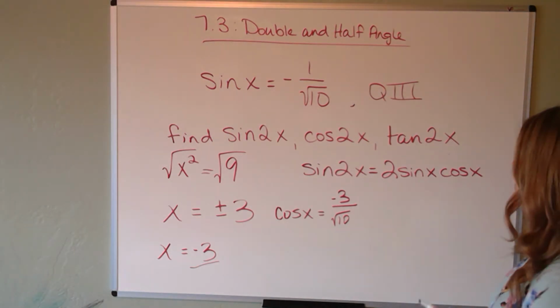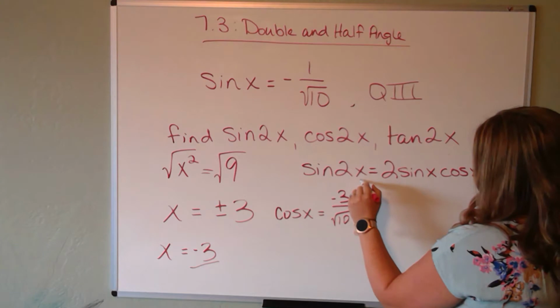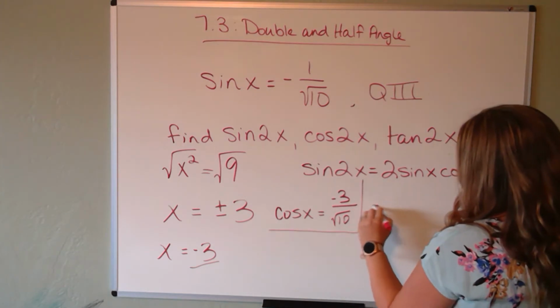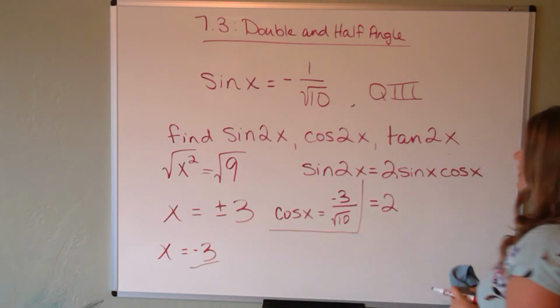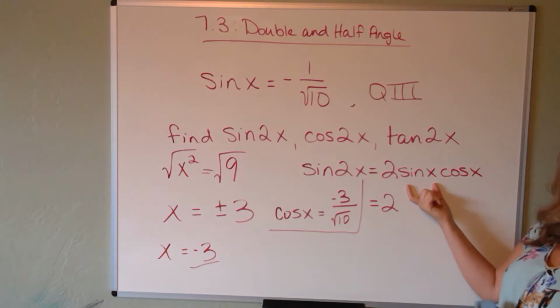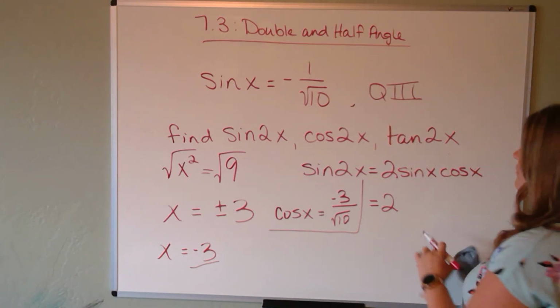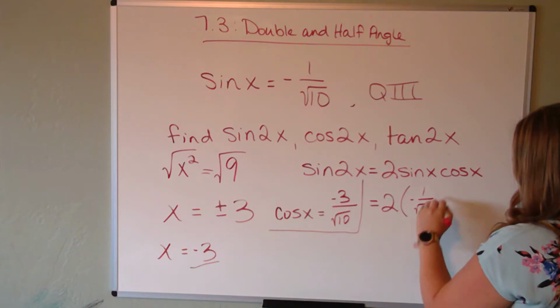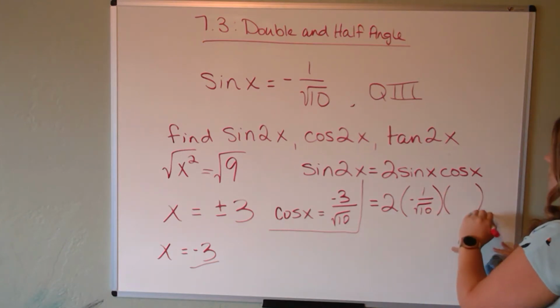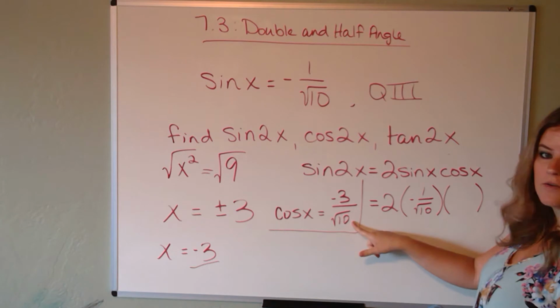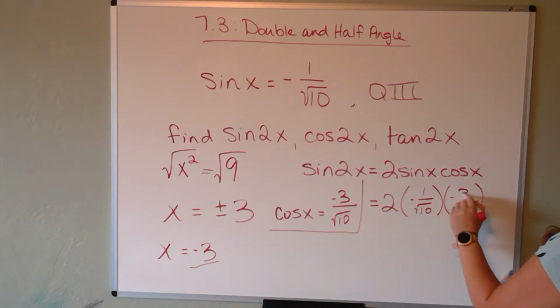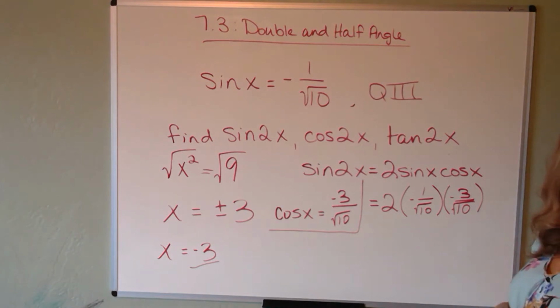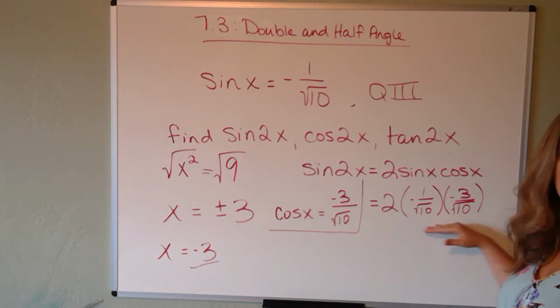Okay, so if I know that that's cosine, let's finish our identity here. 2 times sine x. What was sine x? Oh yeah, it was given. So 2 times -1 over root 10 times cosine x. We just found cosine x. It's -3 over root 10. So you guys, from here, all you have to do is multiply.